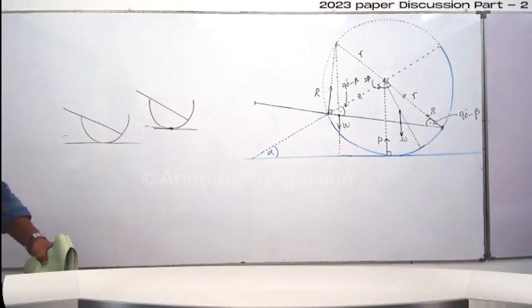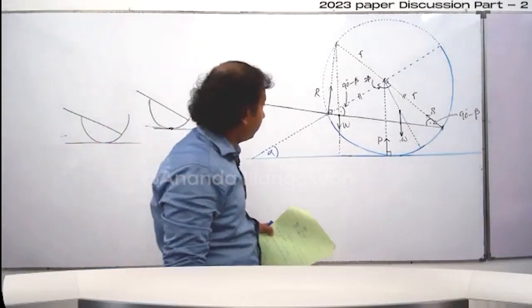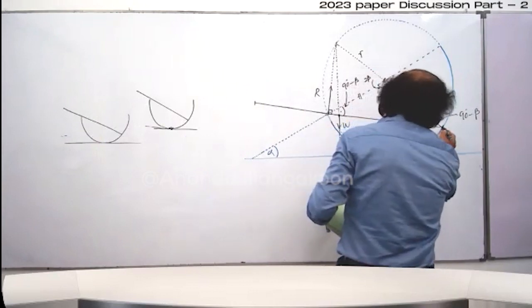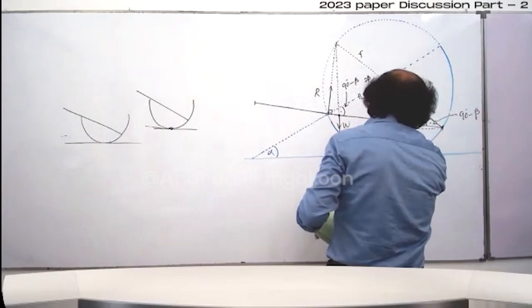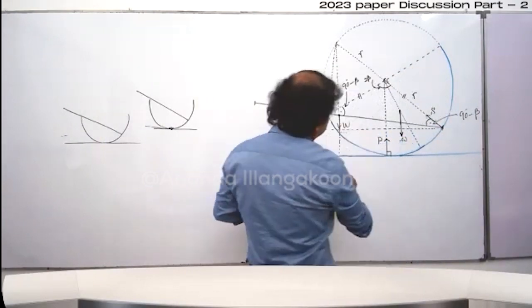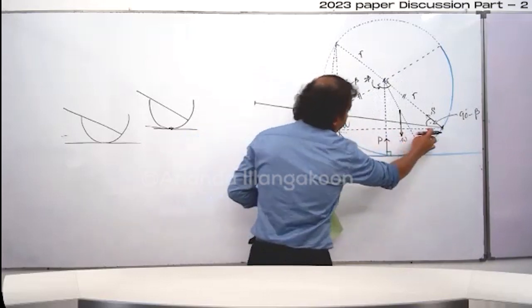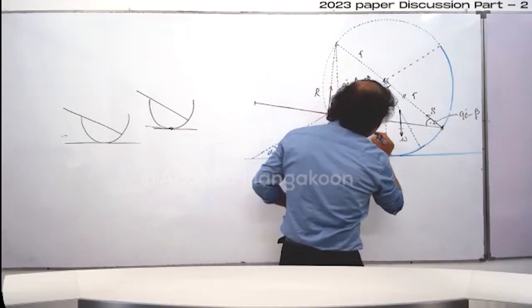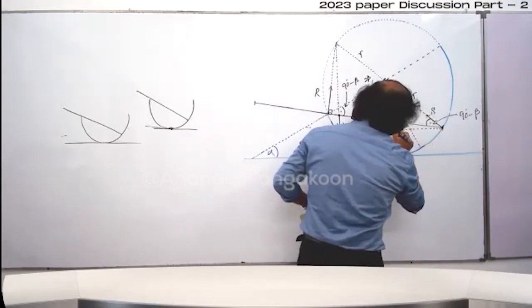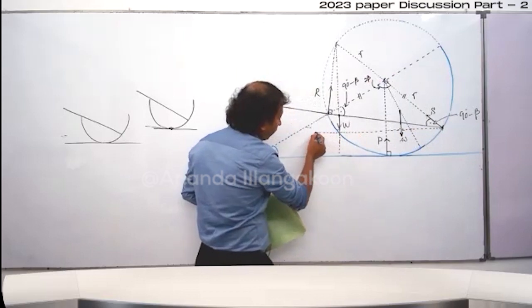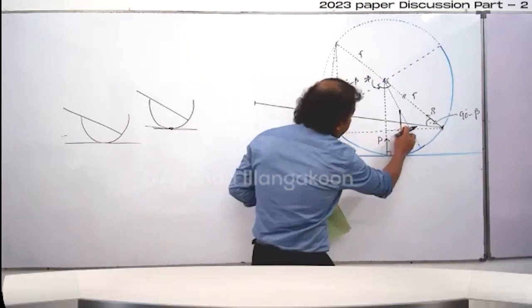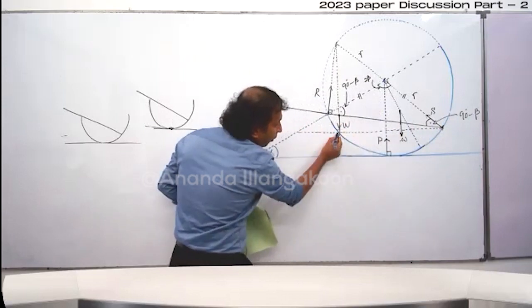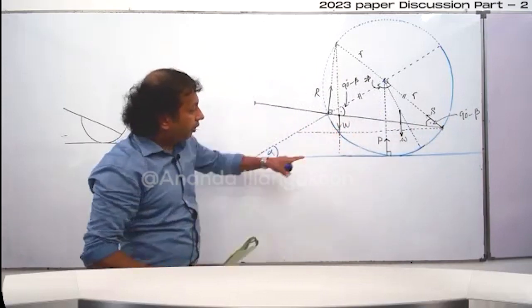If you draw a horizontal line to this point, that horizontal line will meet the ball here and come in this way.